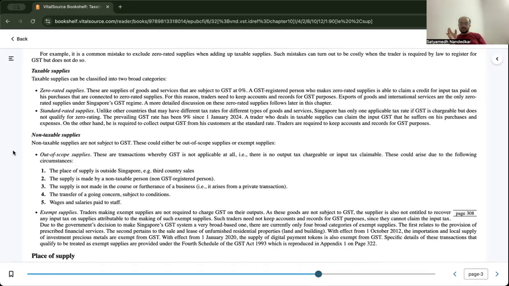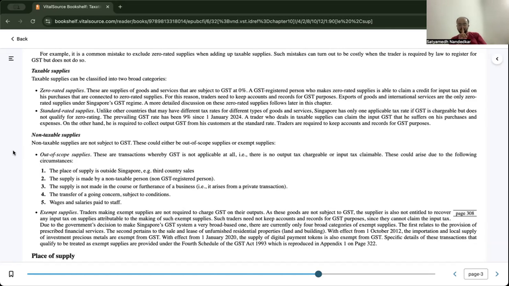There is no GST. And what are zero rated supplies? Zero rated supplies are those where GST is applicable. They are well within the scope of GST, just that the rate of GST is zero. That is the difference between a zero rated supply, an exempt supply, and supplies which are outside the scope of GST. You don't pay tax on any of these, please remember.